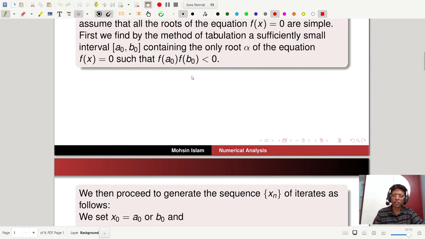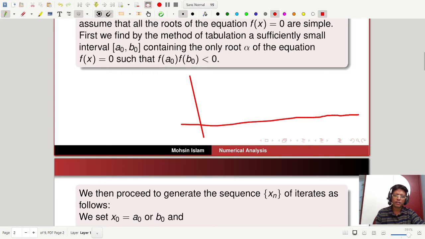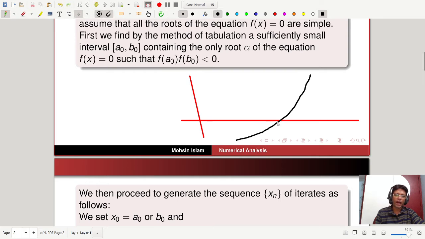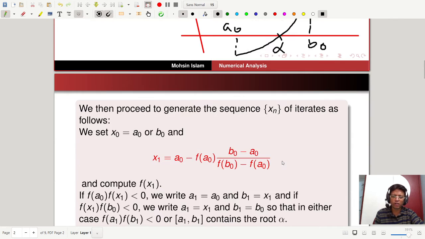If you draw the diagram once again, this is the curve and this is the exact root alpha. This is your a0, this is your b0. So these points are (a0, f(a0)) and (b0, f(b0)). The functional values at a0 and b0 are of opposite signs, so this contains a root; a sufficiently small interval you have to consider.